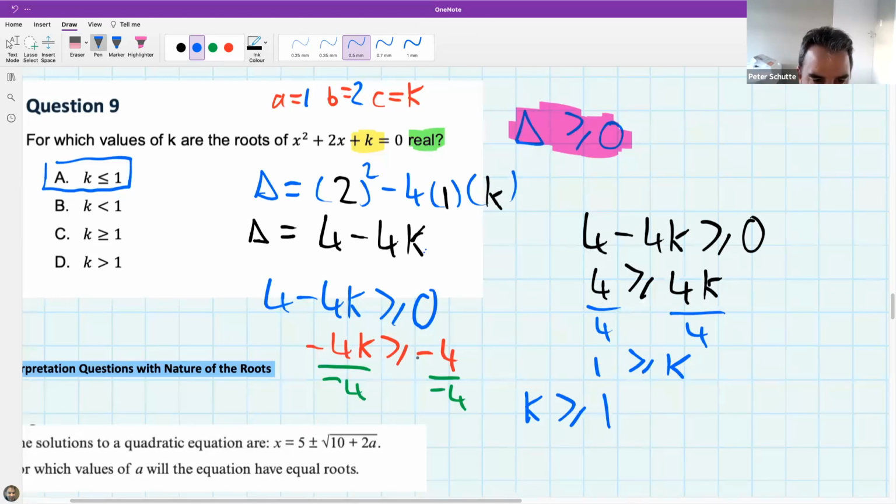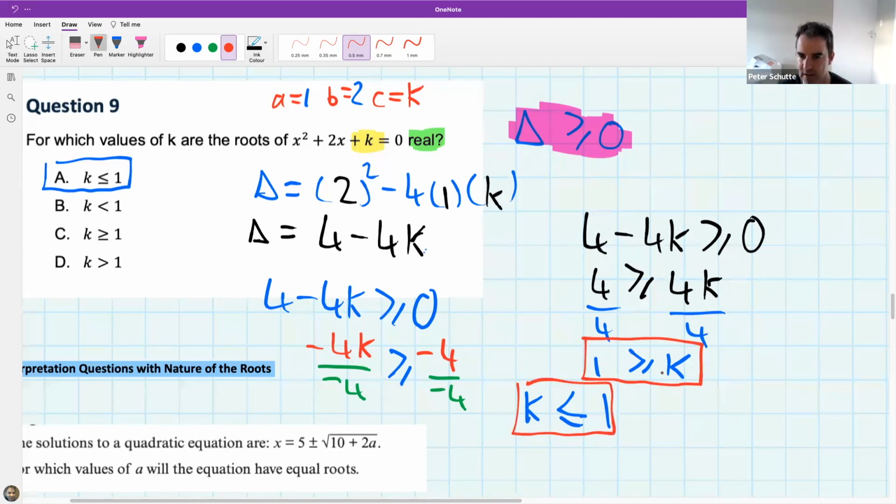Oh, but then that must switch around. Sorry, the moment you divide by minus 4, it should be going that way. Why am I not getting the same answer? No, I'm getting the same answer. Yeah. Sorry, having a moment there. Look at how the K is getting the smaller side in this one, and it's getting the smaller side in this one. It's the same answer. The hungry mouth is going to the 1.